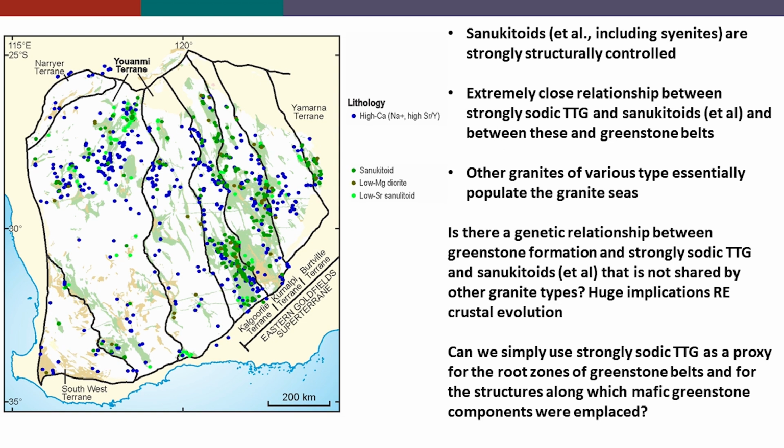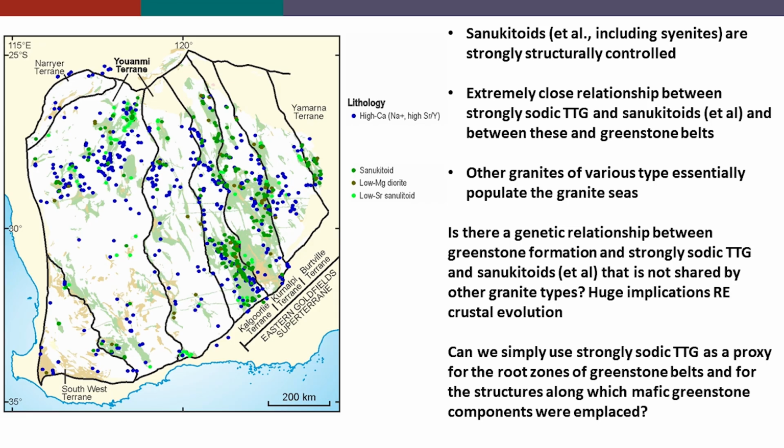But if we look at the distribution of the snookatoids, it exactly mimics the distribution of the really sodic high strontium yttrium granites. And the other thing about both types of granites is that there's a direct spatial and temporal relationship between them and greenstones themselves.